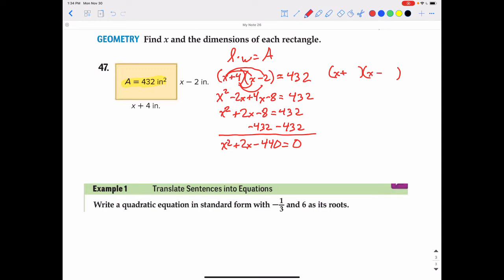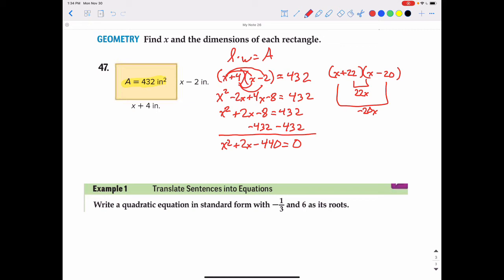So the two answers on this one would be positive 22 and negative 20. When you multiply 22 times negative 20 together, you get negative 440. But again, when we add them together, you get 22x and negative 20x, and that does add up to just the 2x that we're looking for.